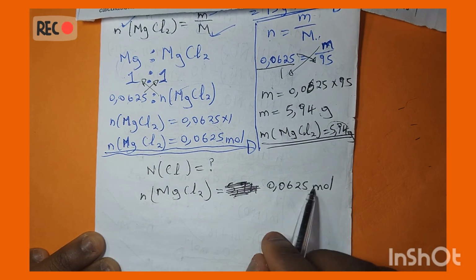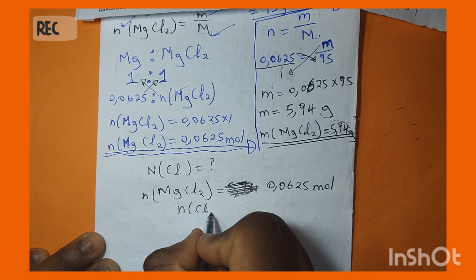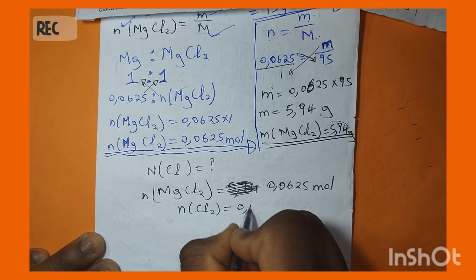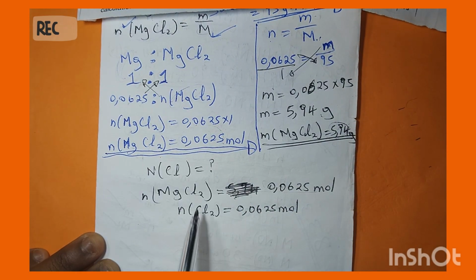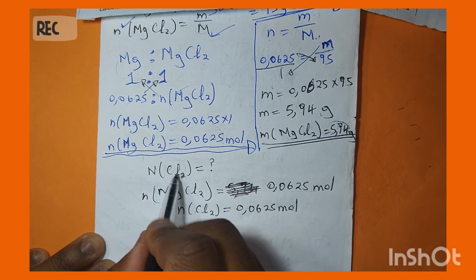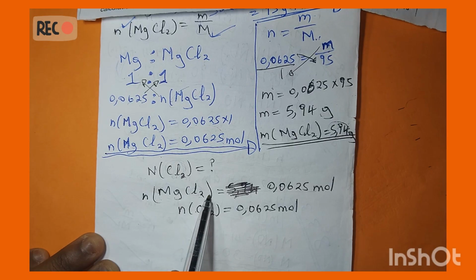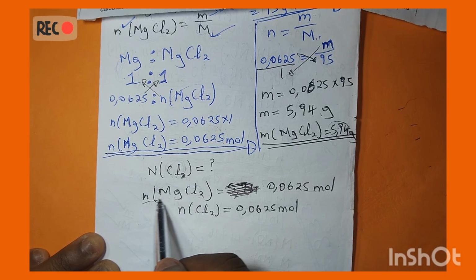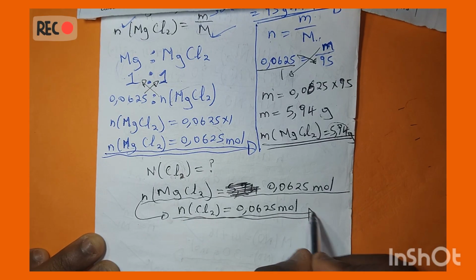Where is it? That one, which is 0,0625 mole. Those moles, guys, they also represent the moles of chlorine there, which is 0,025 mole. So there we got 2 chlorine. It means they will get how many atoms of those 2 chlorine which are in this compound. How many atoms of chlorine which are in this compound. Do you understand? Yeah. So all of that thing there is the same as that one. Do you see?